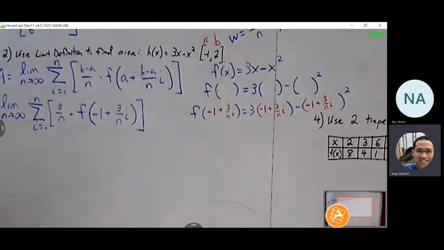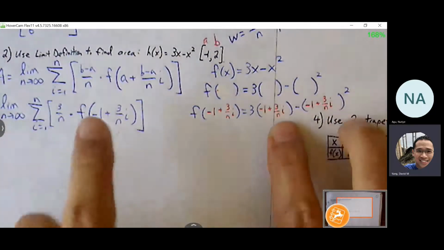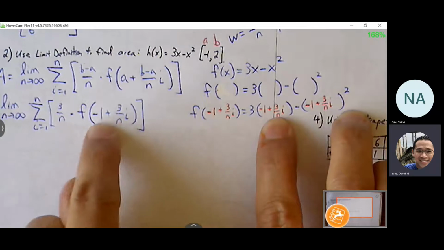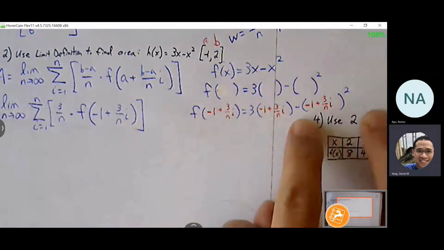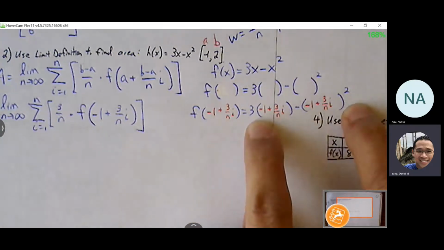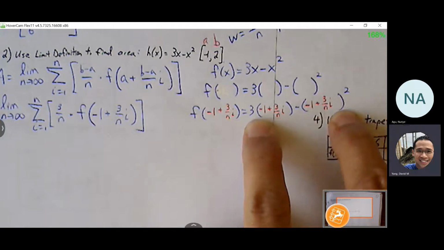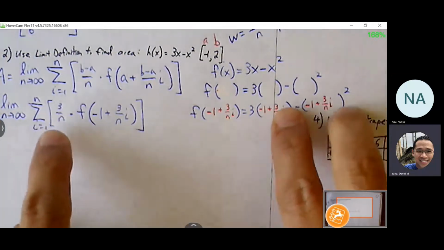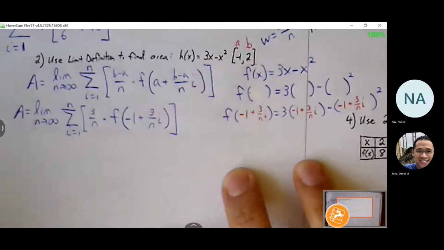Okay, are we good so far? Okay, so now we have a perfect substitution because this f of -1 plus 3 over n i is going to be replaced with this whole expression. Right? This is now the full height component that is now compatible with this 3 over n.